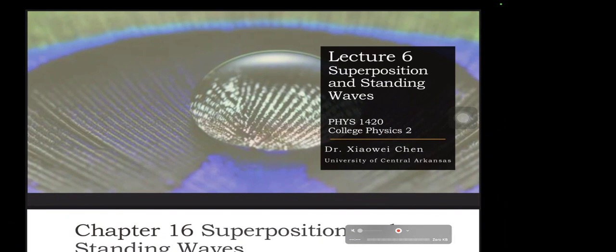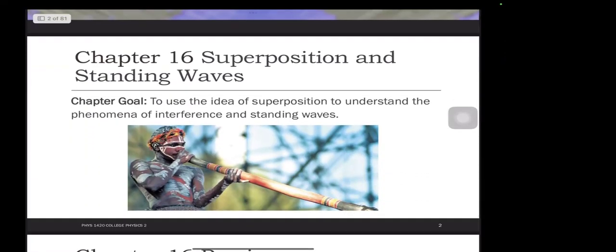Okay. Let's start today's class. Today we will talk about superposition and standing waves. Actually, those kinds of phenomena are very typical for waves. And today we will learn what superposition is, what standing waves are, and how we can explain the theory behind that. Okay, let's continue. For superposition, chapter 16, we will learn in this week, it talks about superposition and standing waves.